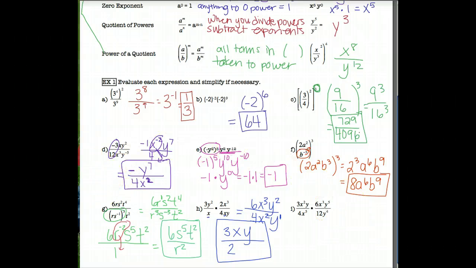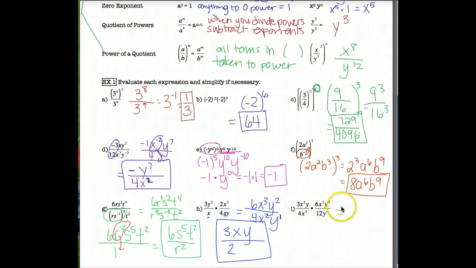All right, very last one. And again, you can choose whether you want to simplify first and then multiply or vice versa. Here, again, the numbers are relatively small, so I'm just going to go ahead and multiply first.